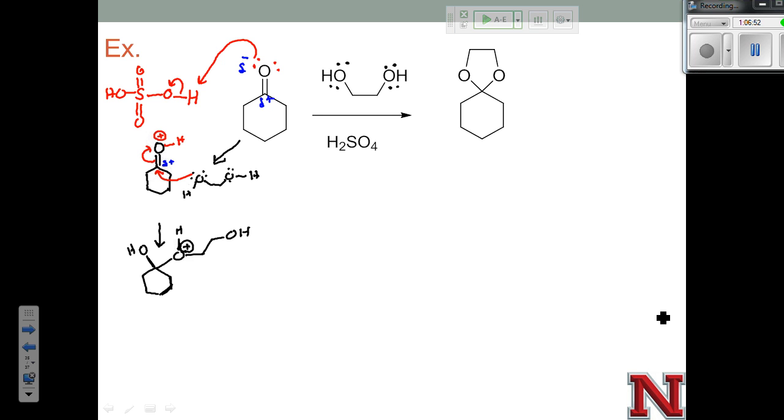There is the possibility, because this is an acidic solution, that our oxygen that's directly next to our OH that has positive charge might take it. And that's likely happening in some of the reaction, but I'm not going to show it that way. I'm just going to show it being deprotonated, and then my H2SO4 protonating.